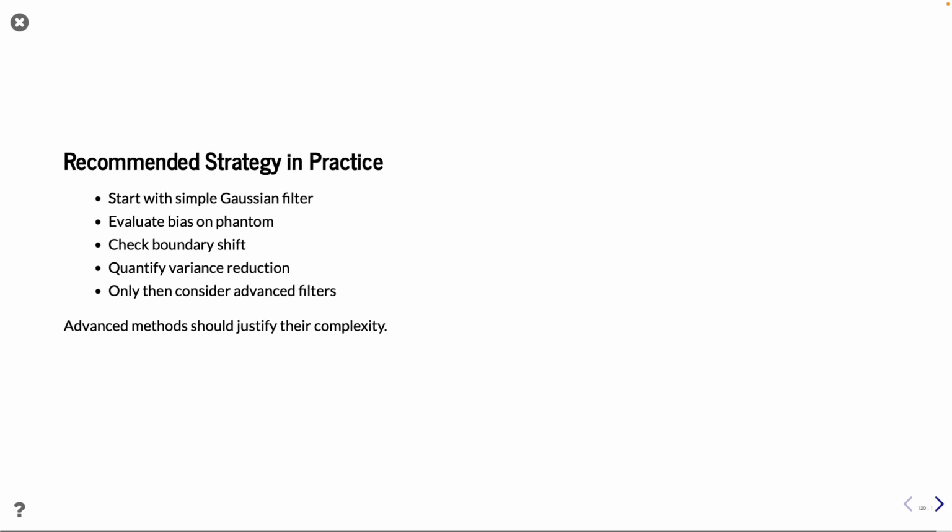So when you want to choose your filter, you have to start in practice. Start with a simple one. It's quick to compute, doesn't cost you anything. See what it gives you. And then you can do that iteratively: check what the effect of this filter is on my use case, check if you have shifts in the bias and boundaries.